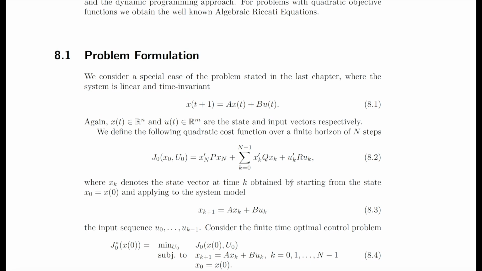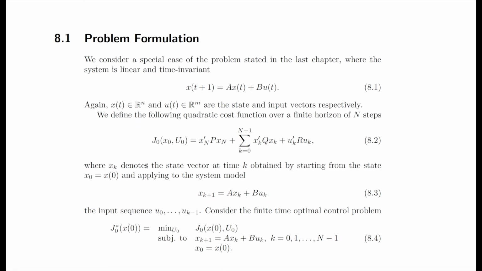So we have xk, the state vector at time k, obtained by starting from the state x0, the initial state, and applying the system model. So the dynamics of the system A and B will give me xk plus 1. So if I know xk and u at time instant k, I will find xk plus 1. This is the linear system.